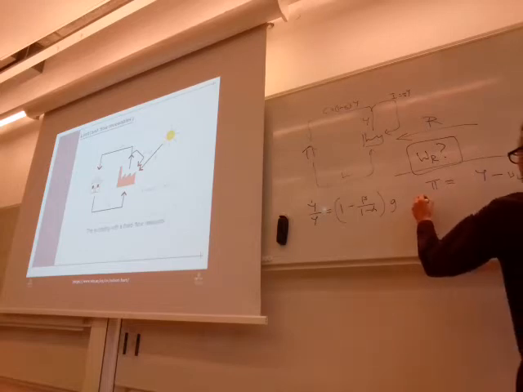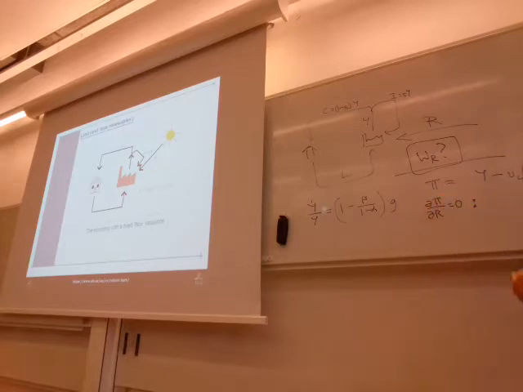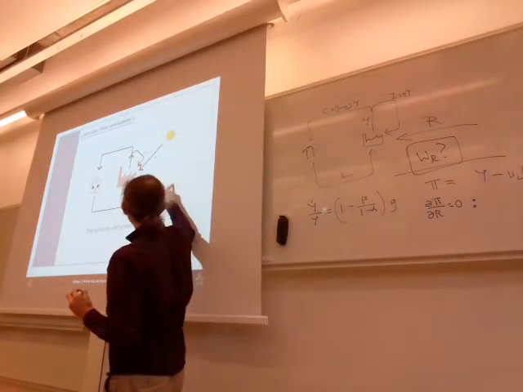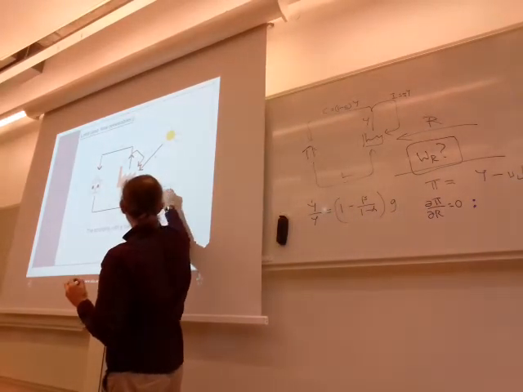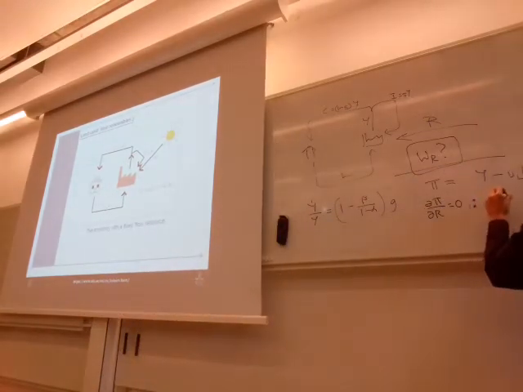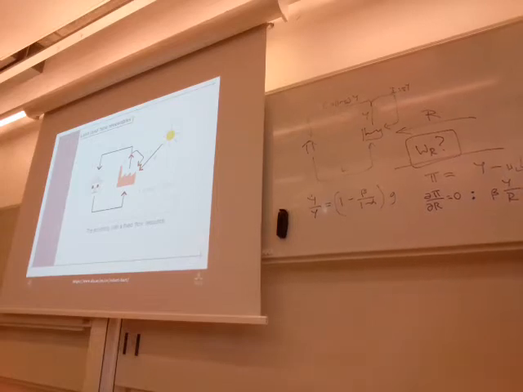And then we're just going to say dπ/dR should be zero. And of course implicitly we've got in the back of our minds the whole time that dY/dR is beta times Y over R, isn't it? So we get beta Y over R minus wR equals zero.